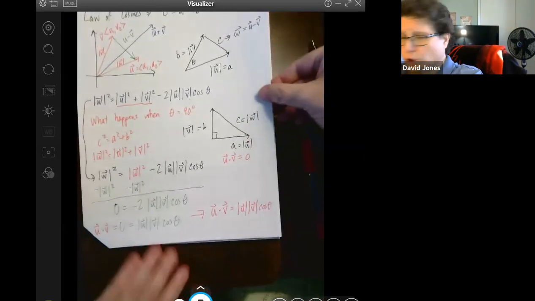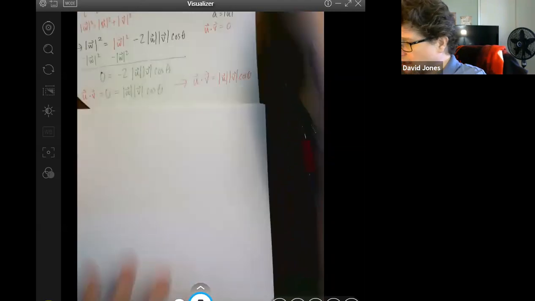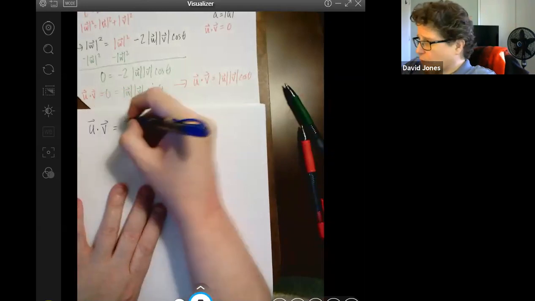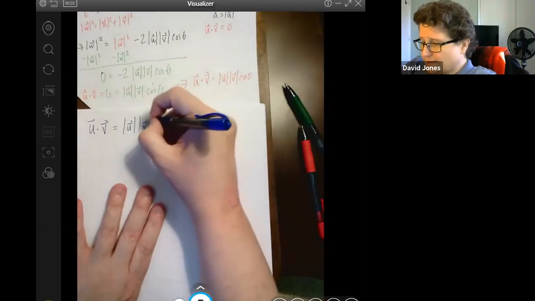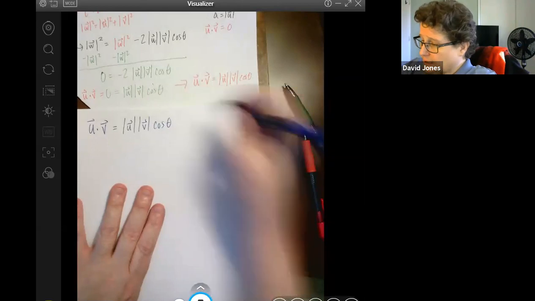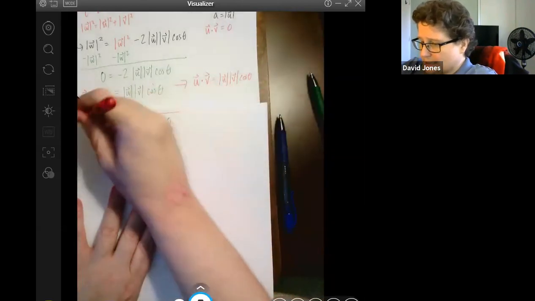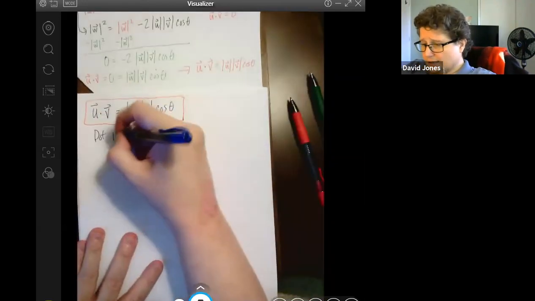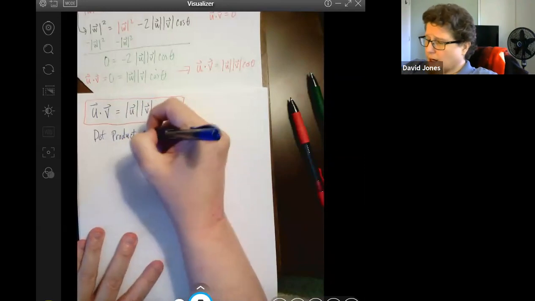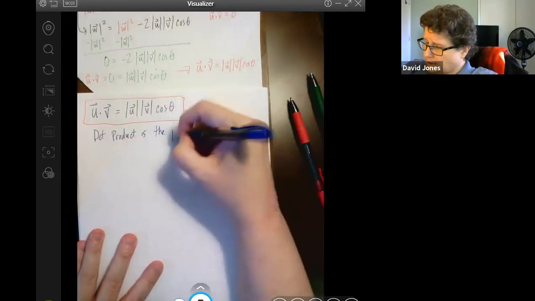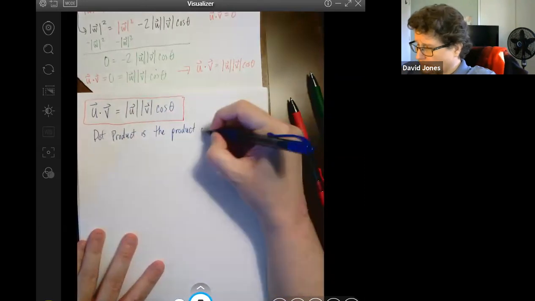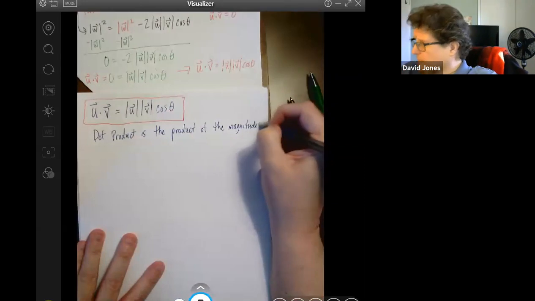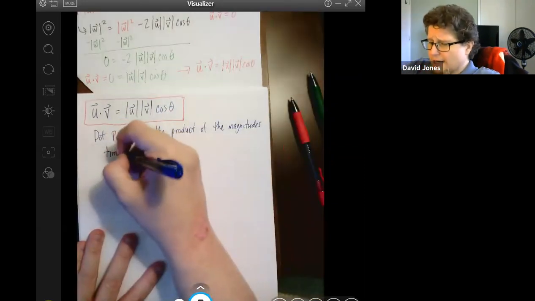So I'm going to write that out in words because this is important. U dot v equals magnitude of u, magnitude of v, cosine of theta. Box it. Know this. Dot product is the product of the magnitudes times the cosine of the angle between them.